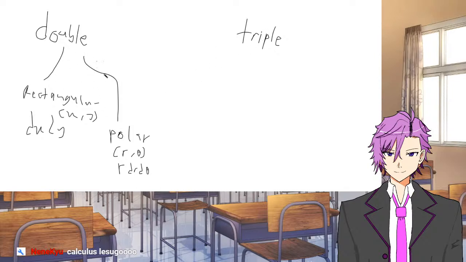These two coordinates you can interchange, and rectangular is easy if you have a function like maybe a quadratic function x squared. But with polar, let's just say if you have a circle.